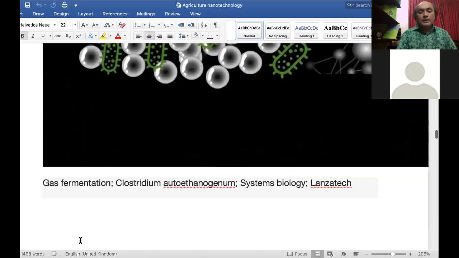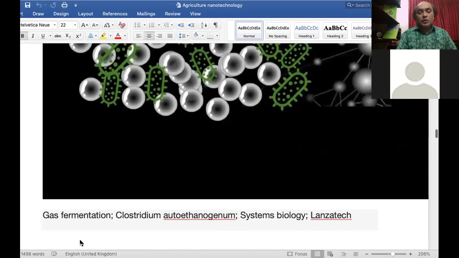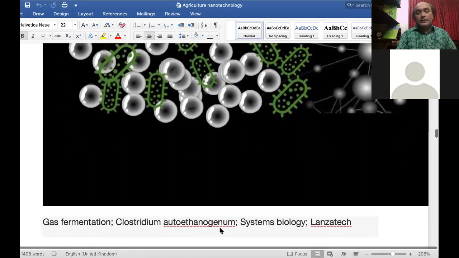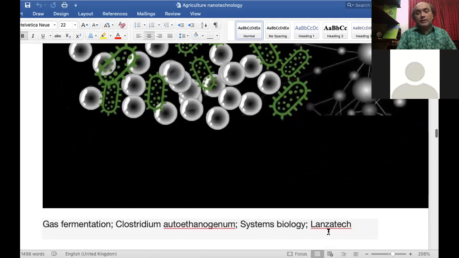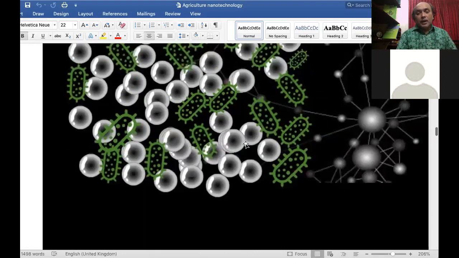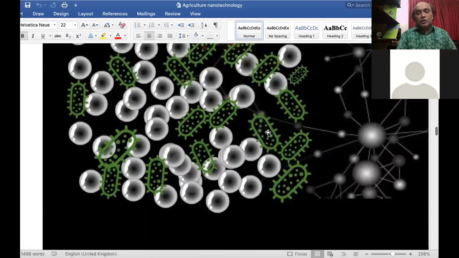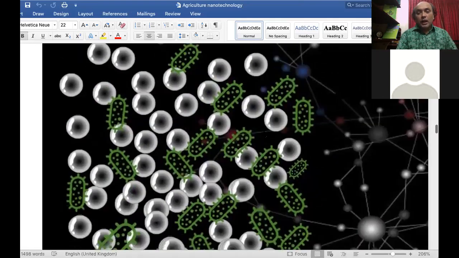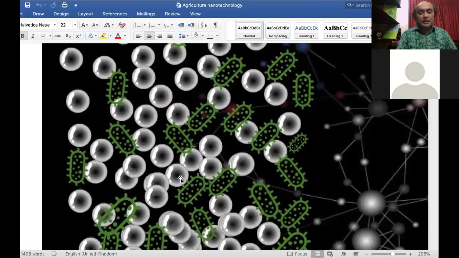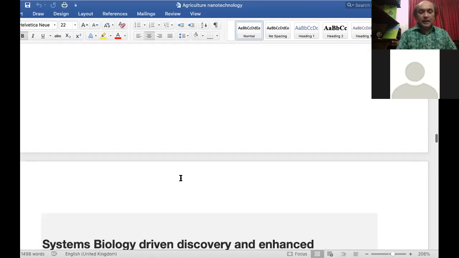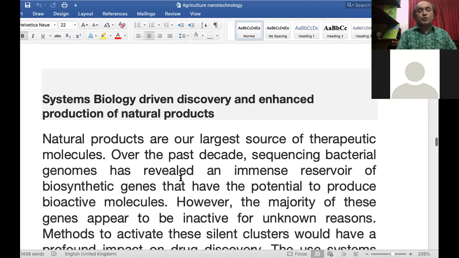Here you can see the gas fermentation, Clostridium system biology approach, which Langertech is using. Here, these are the nanoparticles, this gray color and blue color are the Clostridium bacterium. They can break down the polymeric substances and make the nanoparticles, and this technique has been proven useful.